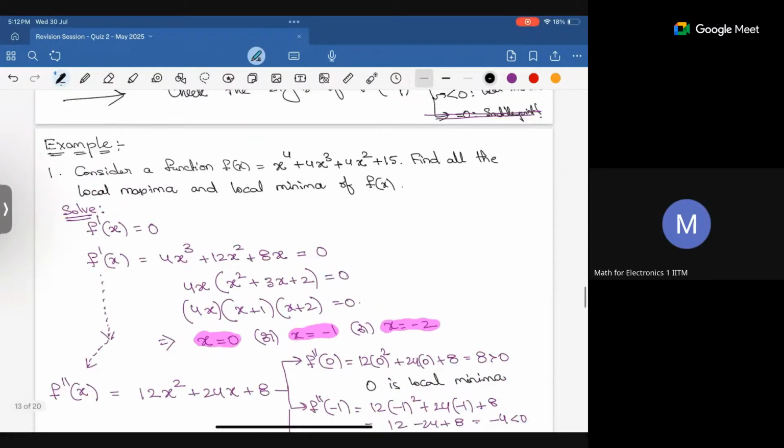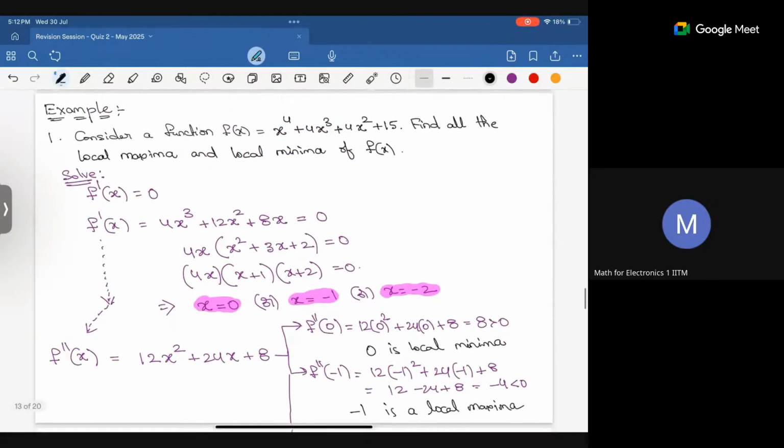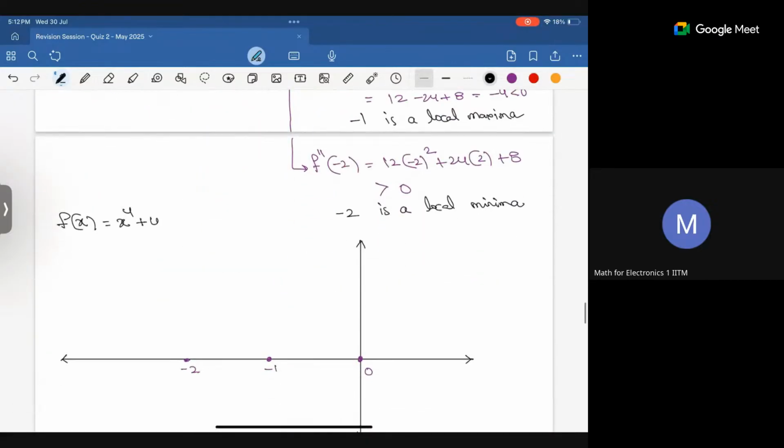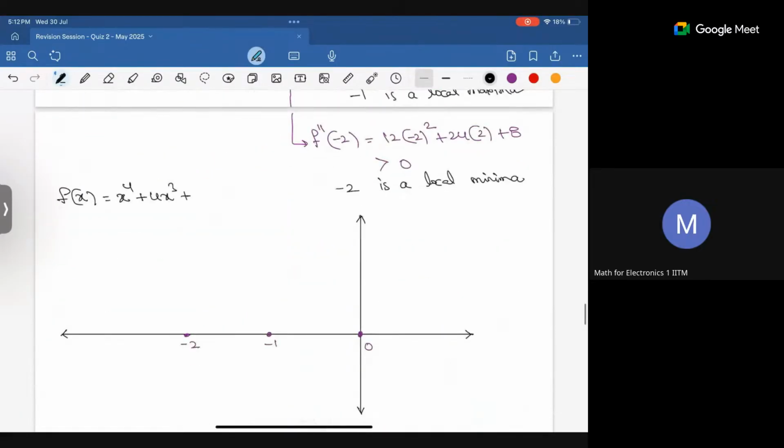So f of x is a 4-degree polynomial, x power 4 plus 4x cube plus 4x square plus 15.